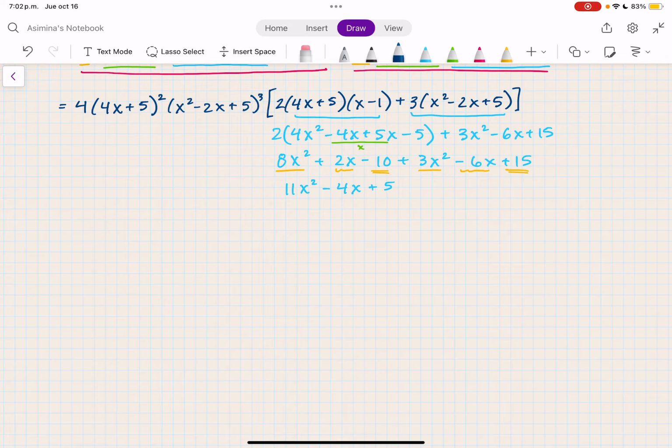Great, so if we put all this together, we get 4 times (4x + 5) squared times (x squared minus 2x + 5) cubed times (11x squared minus 4x + 5). And that is our final answer.